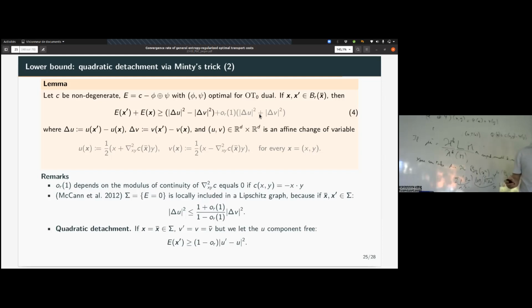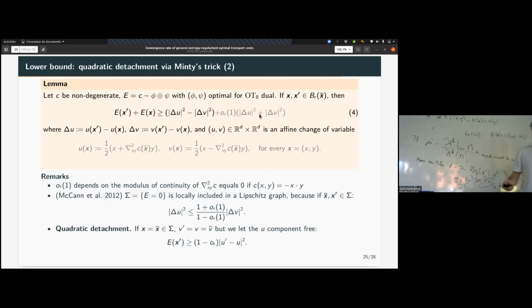And you can bound the energy from below by the increment of u, the difference between the u coordinates squared, minus the difference between the v coordinates squared. For example, if you place yourself on the contact set, when this vanishes, forget about the remaining terms. You just get that delta u squared is less than delta v squared. So u is a function of v. And this is just the proof that you are in this graph. You have a Lipschitz function with constant almost 1.